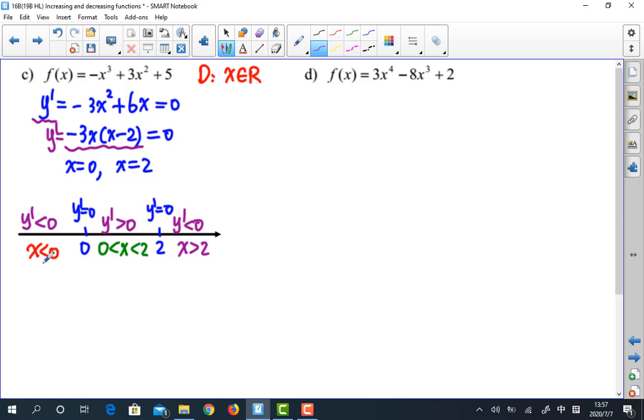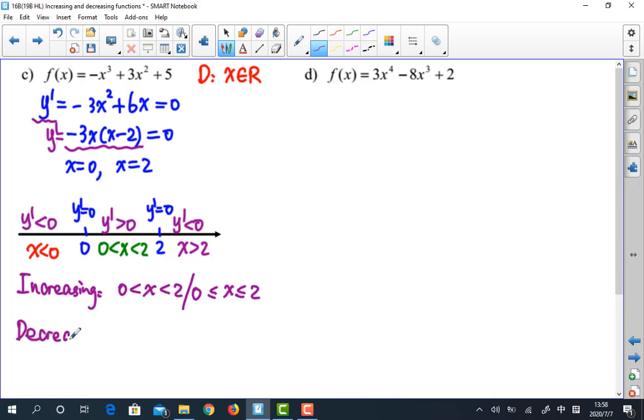So I can know the increasing interval should be 0 is less than x, less than 2. X is between 0 and 2. Of course, you also can represent this one as x is between 0 and 2, inclusive, as the increasing interval.